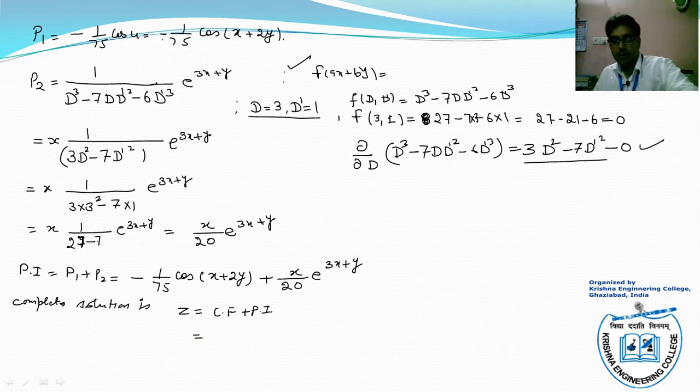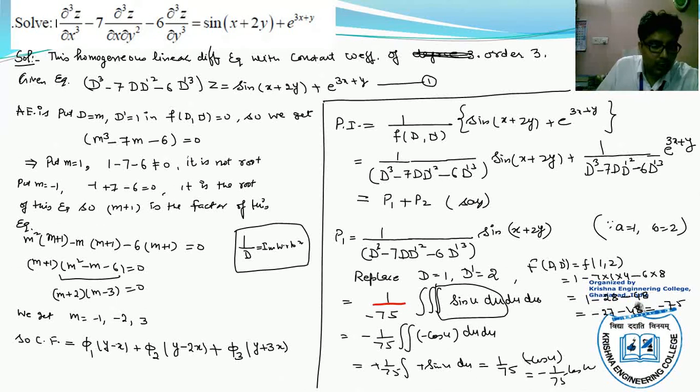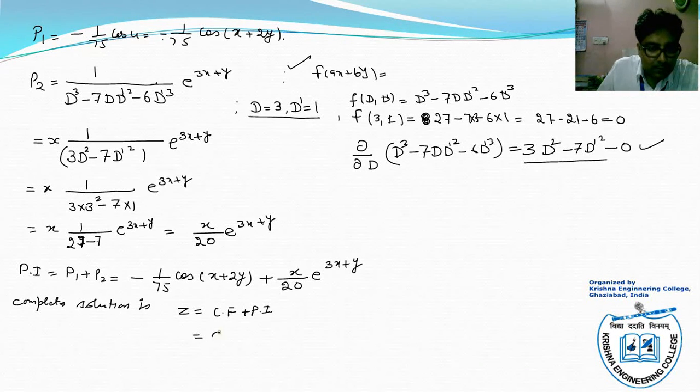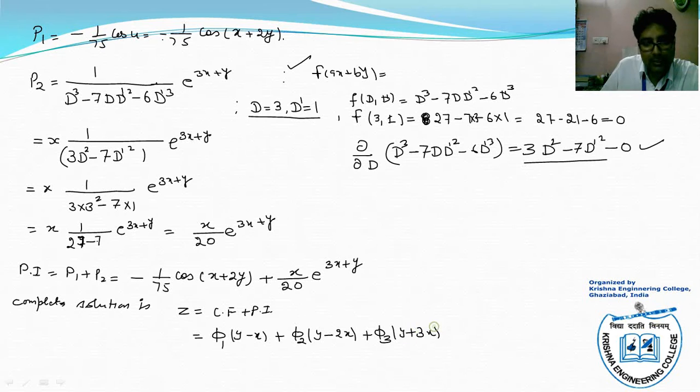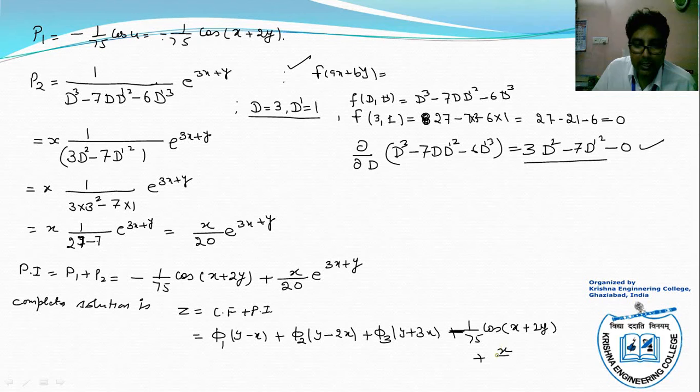CF means complementary function, which is phi 1 of y minus x plus phi 2 of y minus 2x plus phi 3 of y plus 3x, plus PI, which is minus 1 upon 75 cos of x plus 2y plus x upon 20 e to the power 3x plus y.